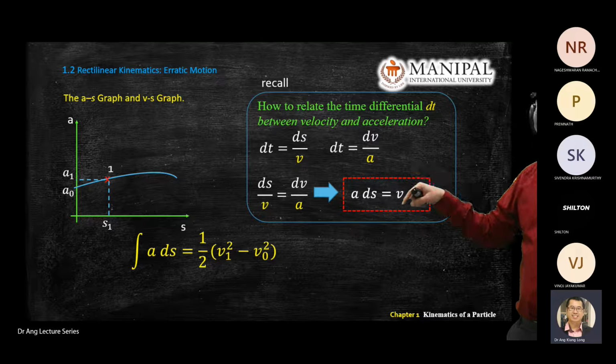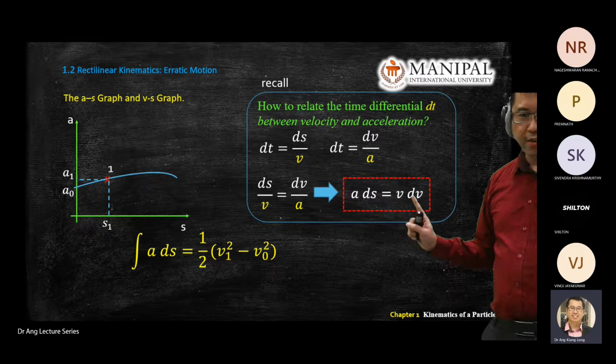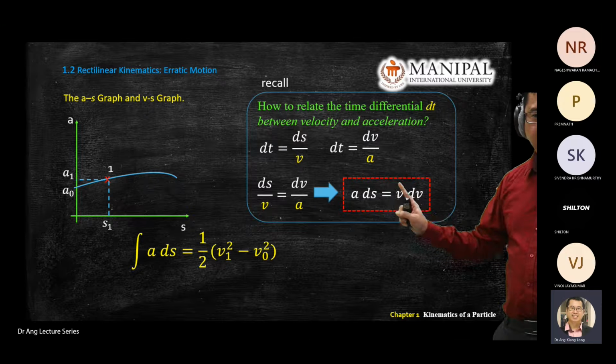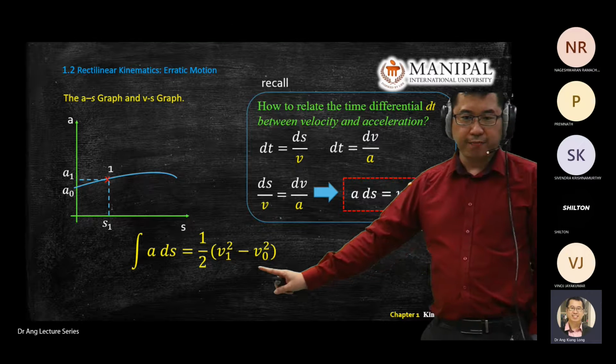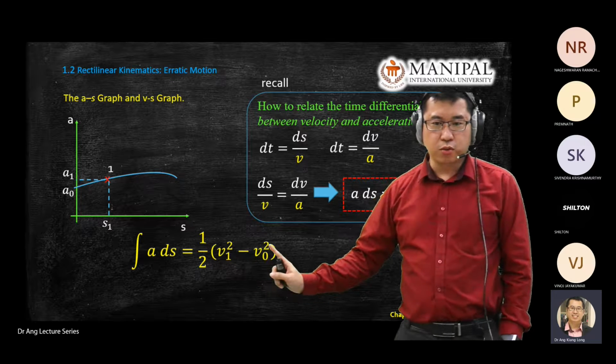When you integrate x dx, you get x squared divided by 2. Now change the x to v, and you get v squared divided by 2. Again, you integrate from the lower limit to the upper limit, from one point to another point. You substitute from 0 to 1, that's why you get v1 squared minus v0 squared.